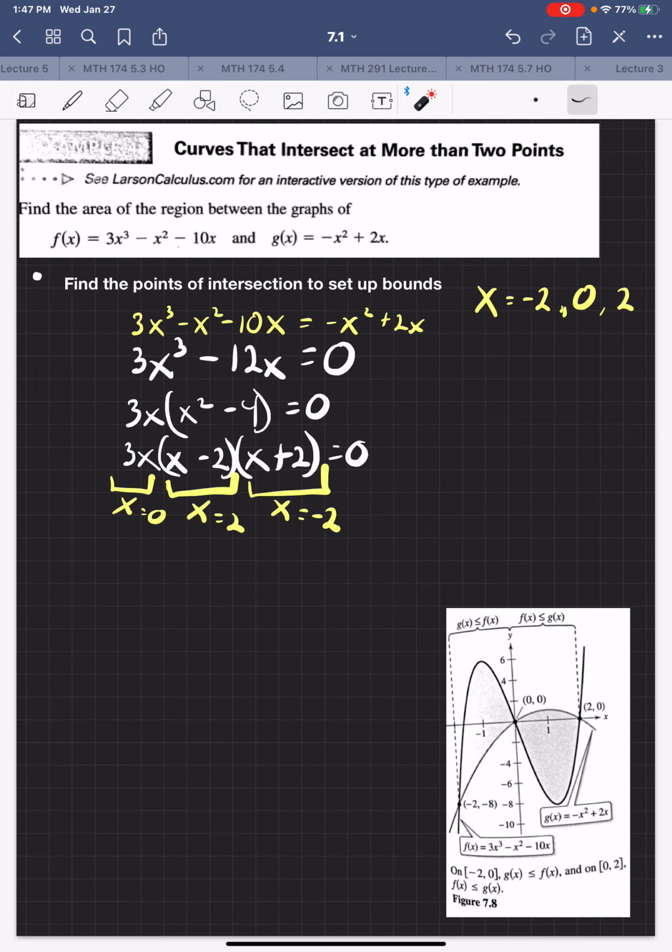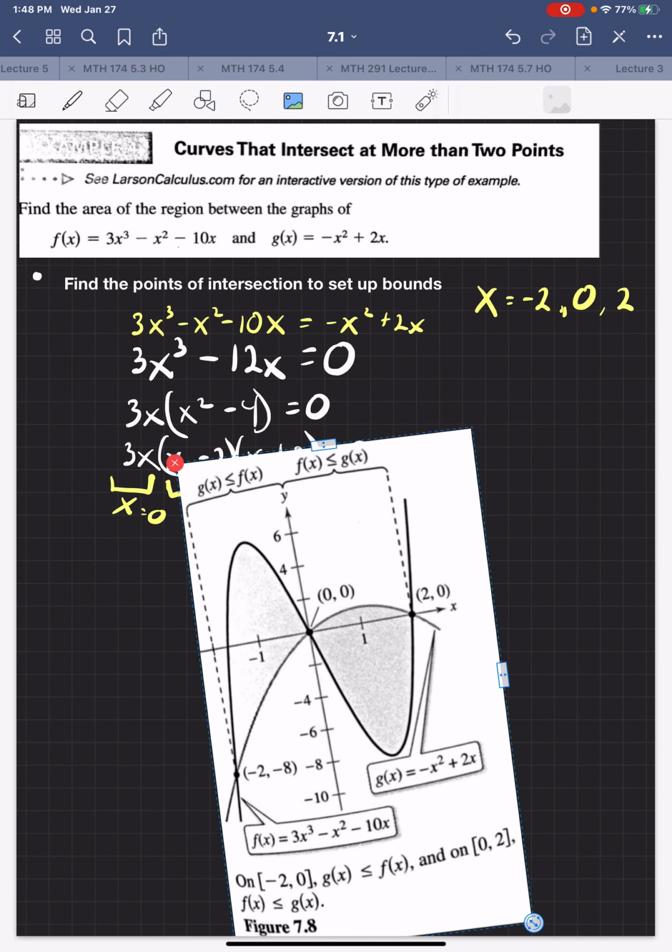Okay, so the question is, is f of x above g of x from negative 2 all the way to positive 2? Well, let's take a look at the geometry here.